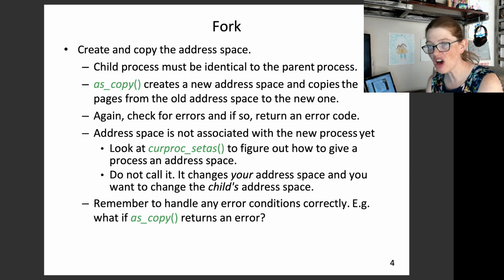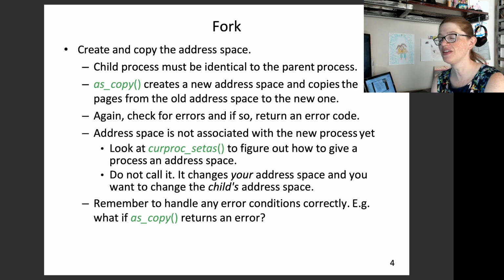Now, once you've got that address space populated and created, you need to attach it safely to the child process structure. Now, there's no function to do the safe attachment of the address space to any random process structure, but there is a function that can attach a new address space to you, the parent.